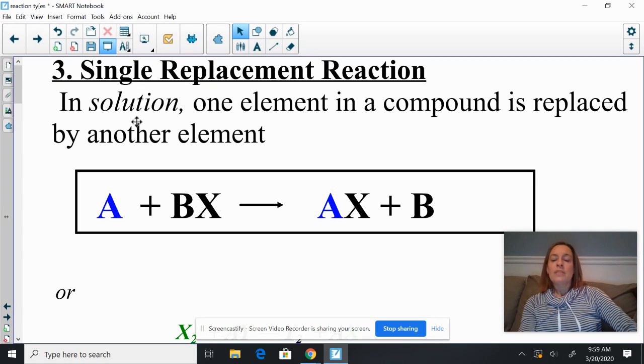Notice that it says that these reactions happen in solution. That is, we have to have one substance, that is the compound, that's dissolved. And so we can take this single element, this compound, the single element replaces the B, the second part of this compound. And so we end up with a new compound and an element.